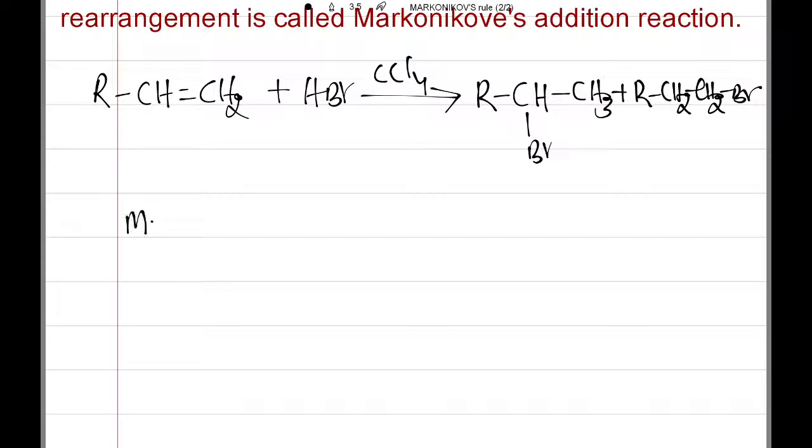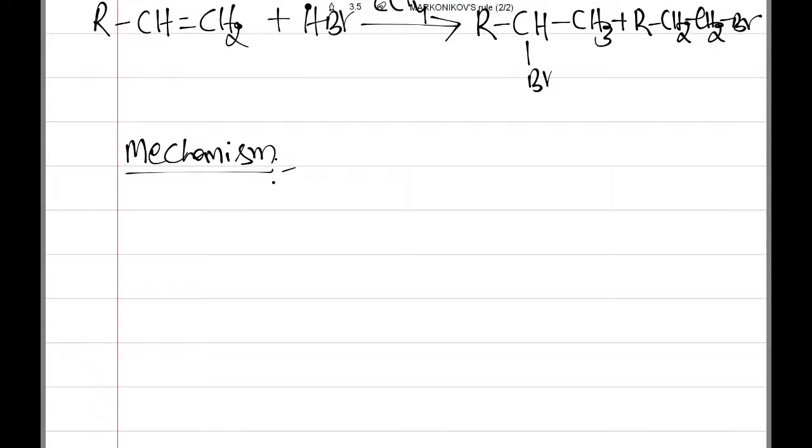That is proved by the mechanism of this reaction. What is the mechanism of this Markovnikov rule? In the very first step, HBr dissociates as H plus and Br minus.